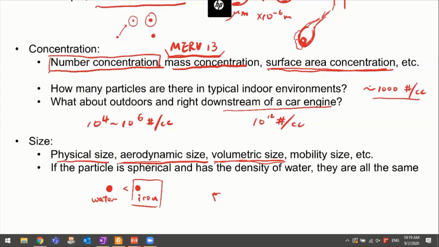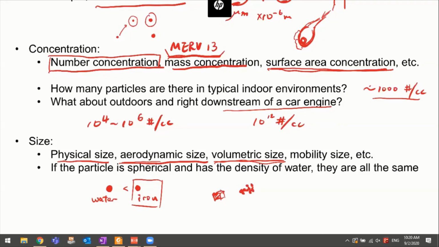They can have the square shape, right, the cubic shape. For example, the sodium chloride particles will have a cubic shape, because they crystallize and have their own structure there. And for example, the combustion aerosols will have a lot of these branches, okay? So each of the particles is composed of very small, fine spherical particles, but they're all connected with each other.